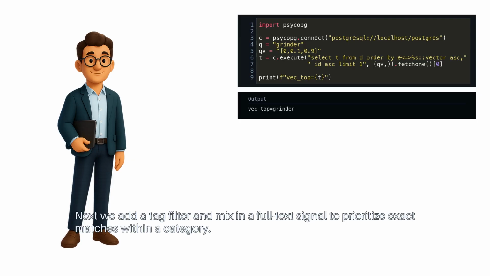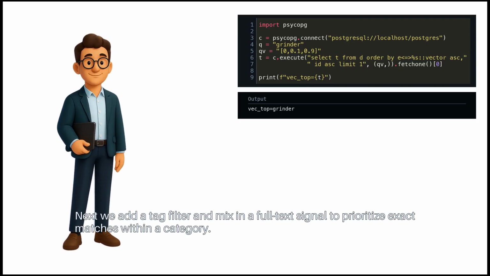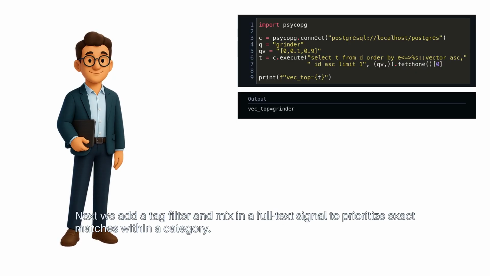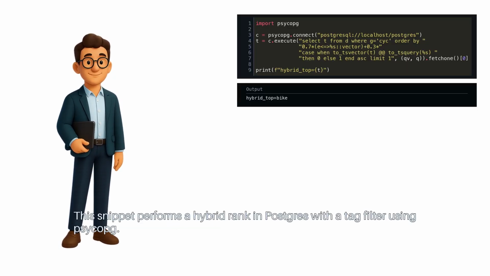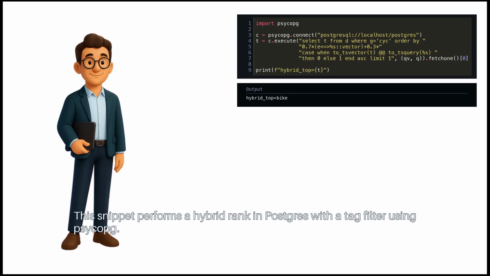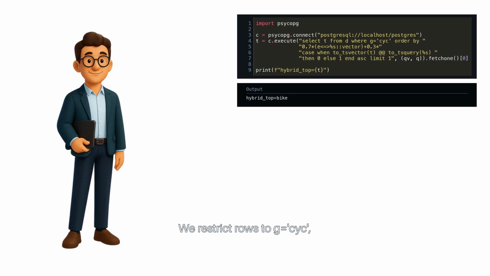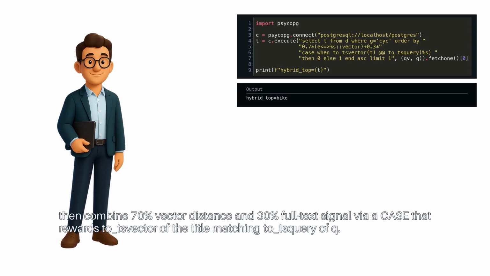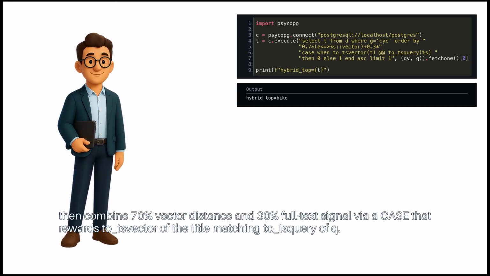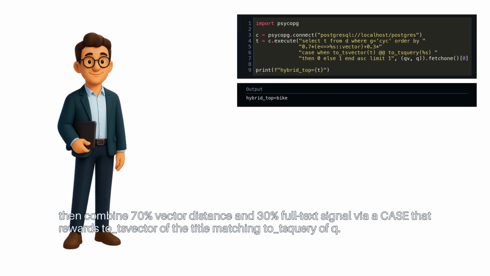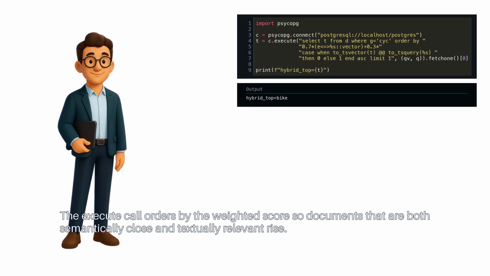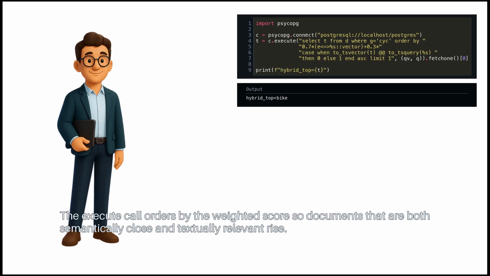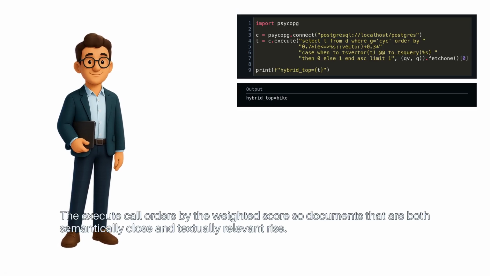Next, we add a tag filter and mix in a full text signal to prioritize exact matches within a category. This snippet performs a hybrid rank in Postgres with a tag filter using psycopg. We restrict rows to G equals psych, then combine 70% vector distance and 30% full text signal via a case that rewards to_tsvector of the title matching to_tsquery of Q. The execute call orders by the weighted score, so documents that are both semantically close and textually relevant rise.